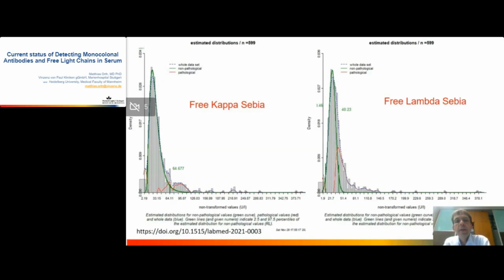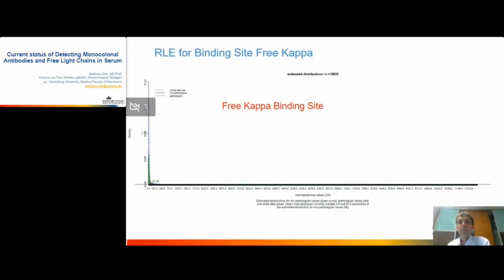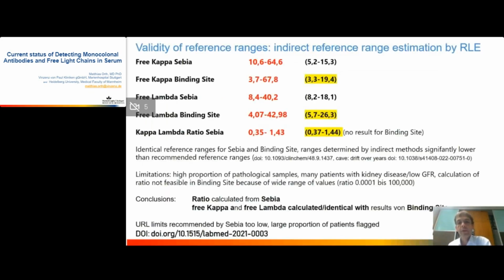And in this case, for the Xavier test, the cutoff was 64 milligrams per liter for kappa and 40 milligrams per liter for lambda as the differentiation between abnormal and normal results. This is much higher than the numbers given in the literature. This whole thing did not work for the binding site assay because the measured range, with too many dilutions, was too high. So this does not work in this case.